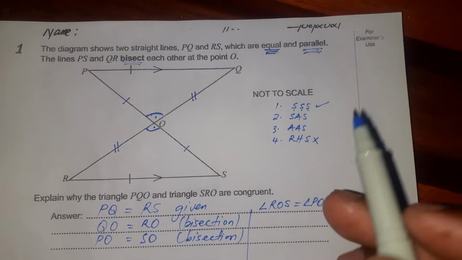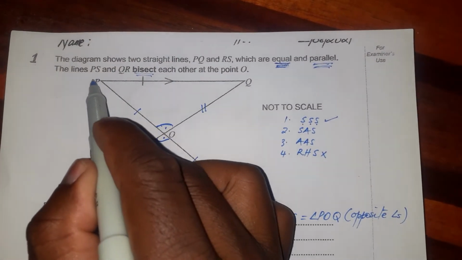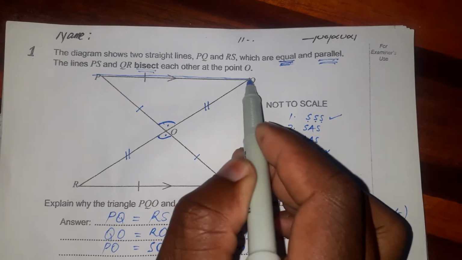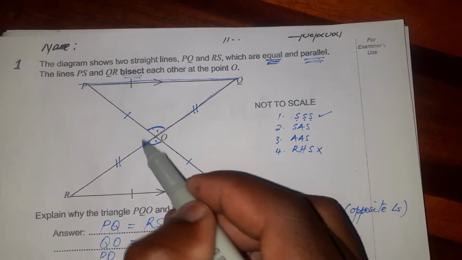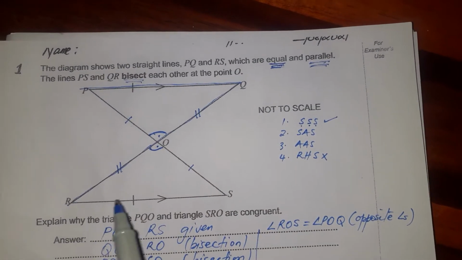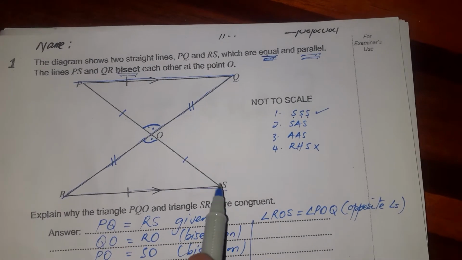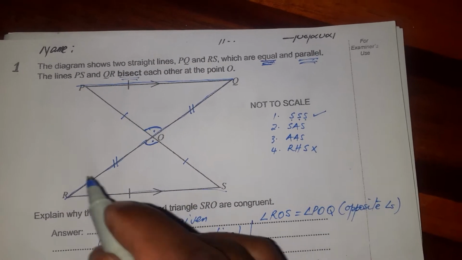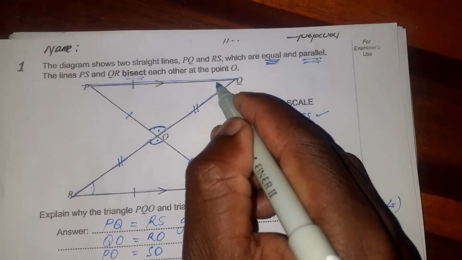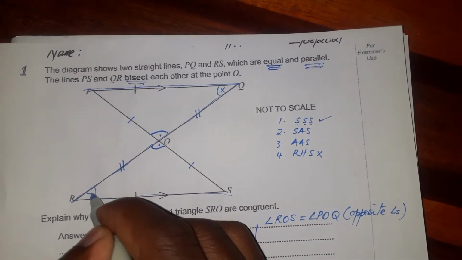Apart from that, if we consider that line and this line here, and then this line, what we are forming is a Z. Therefore, these angles here, they are equal.